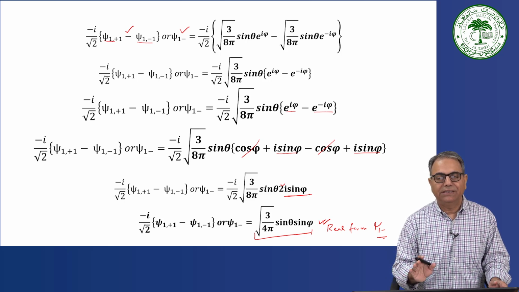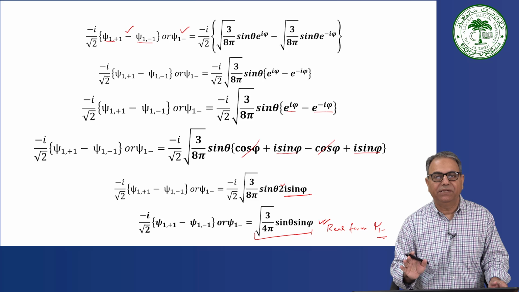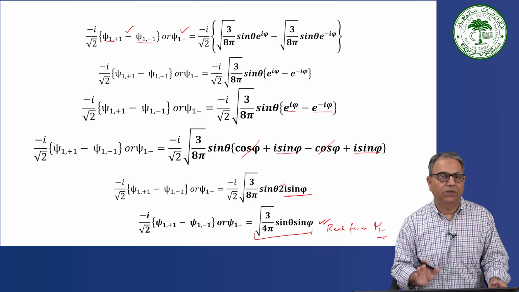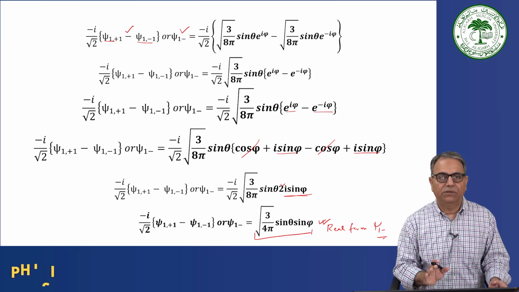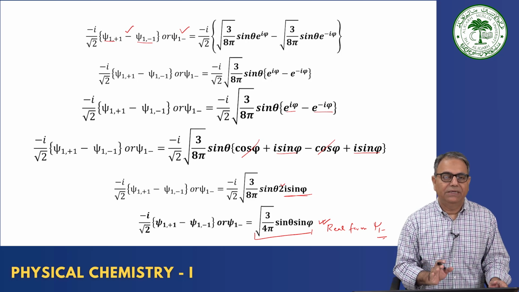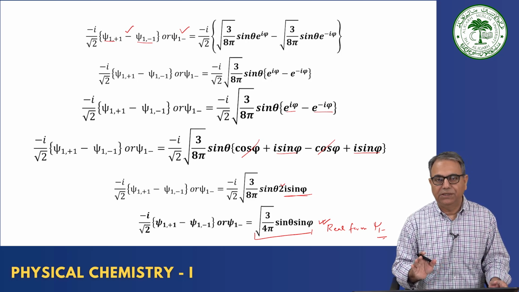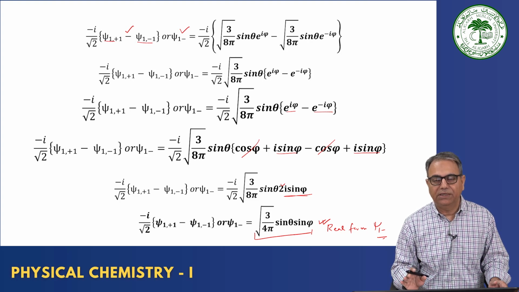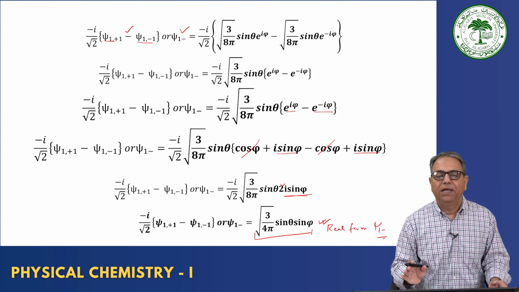This is again a power series method which we have used in the simple harmonic oscillator, and in the theta equation of the rigid rotor. In the case of the simple harmonic oscillator, the Hermite polynomial and Hermite equation came into the picture. In the case of the rigid rotor theta equation, the Legendre equation and Legendre polynomial, associated Legendre polynomial came into the picture.